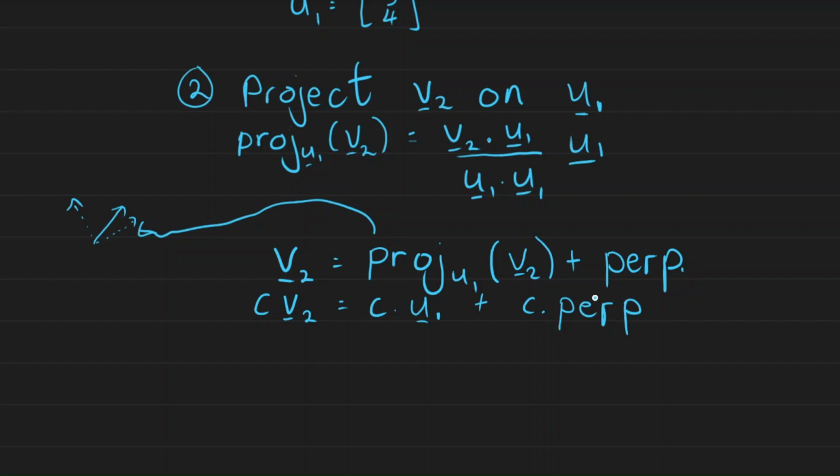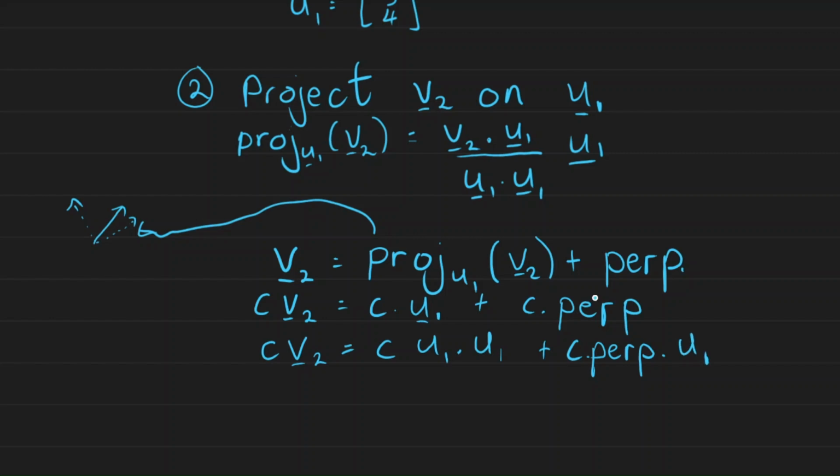So the next thing that we're going to do is multiply both sides of this equation. In other words, we're going to take a dot product of both sides of this equation with u1. So we're going to have c times v2 equal to c times u1 with u1, plus c with this perpendicular component with the dot product of u1.